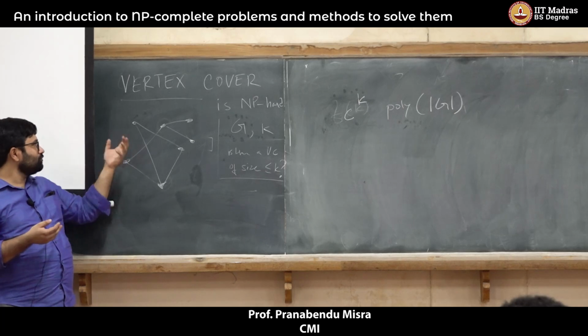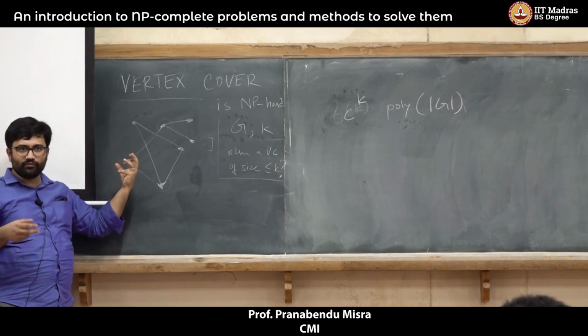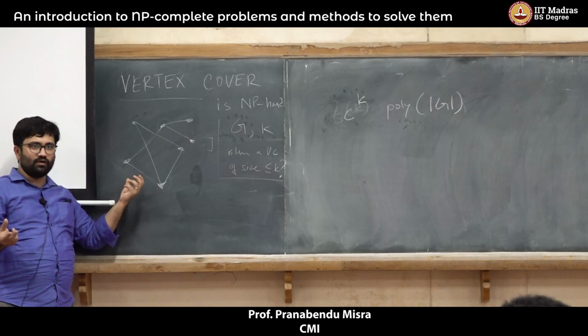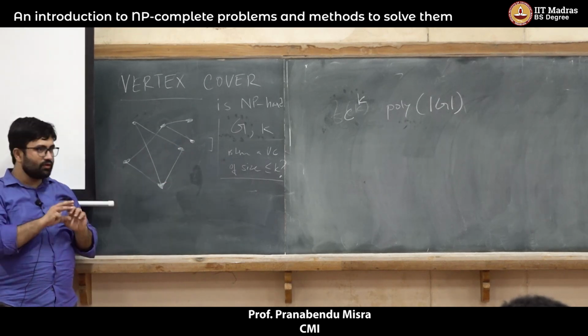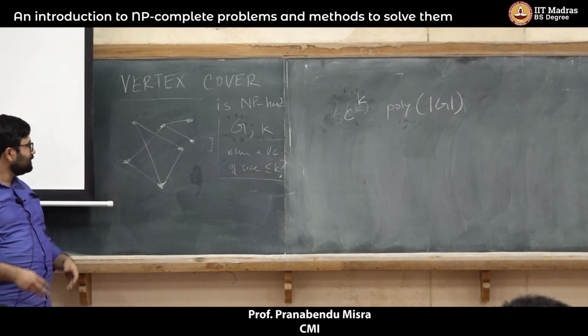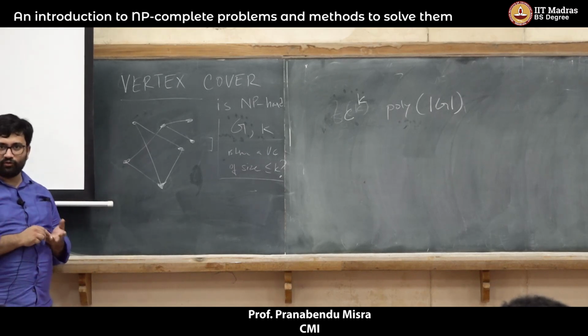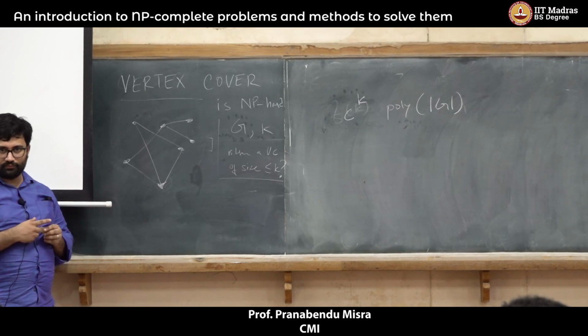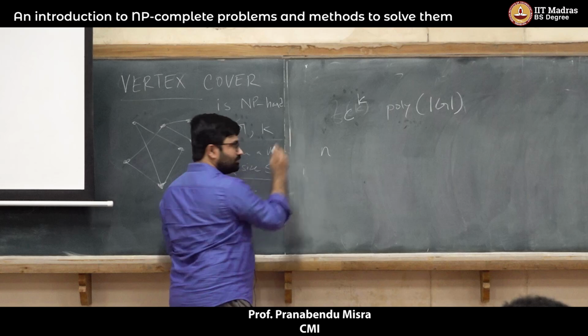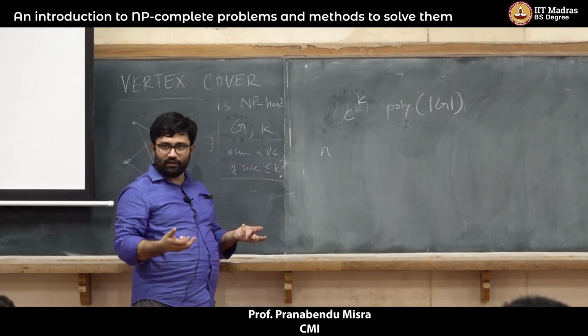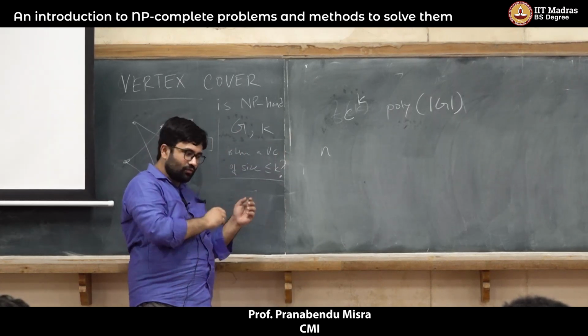Yes. The brute force way would be to look at all subsets of vertices of size at most k and check if it is a vertex cover. If any of those subsets is a vertex cover, you answer yes. Otherwise, the answer is no. It's inefficient. So how much time does that algorithm take? There are n vertices, and you're looking at subsets of size 1 up to k.